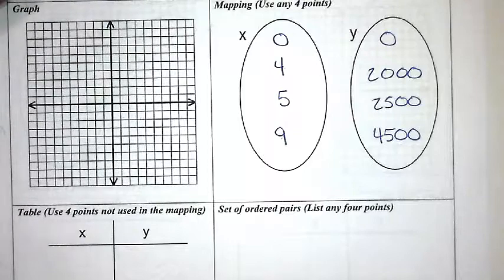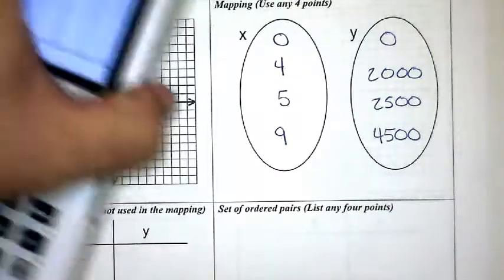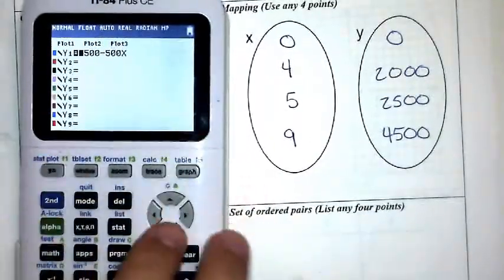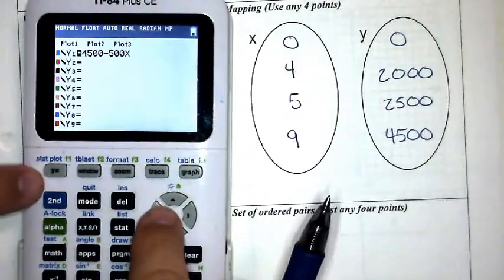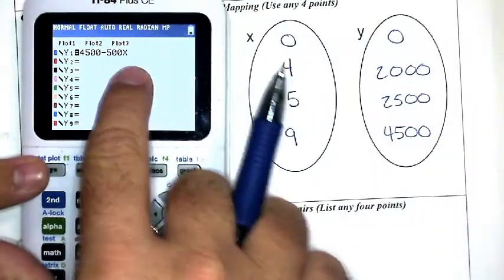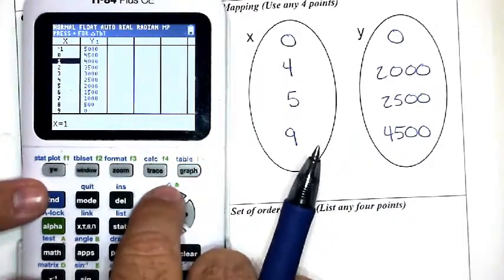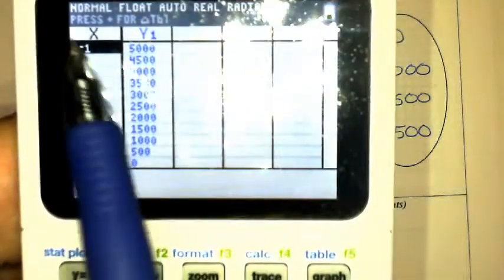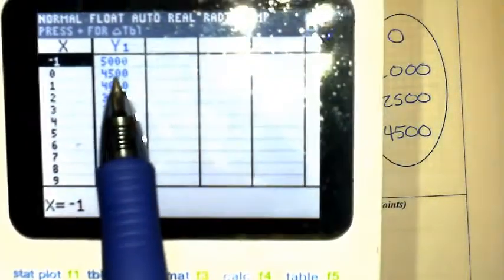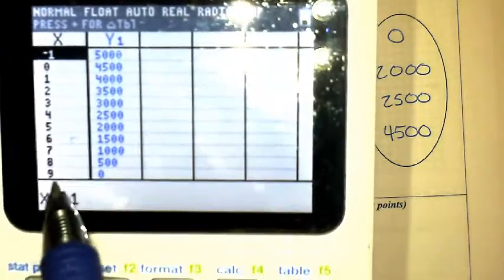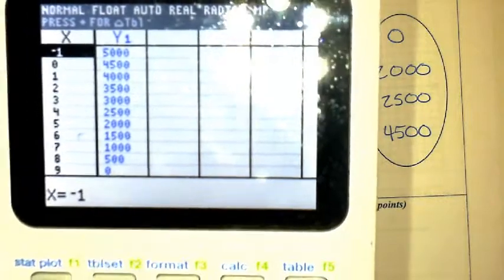I didn't have to do much math. I just went to y equals, plugged it into the calculator, hit second graph to get a table, and then there you go. Do you see how at -1 it says 5,000? That's not possible because we're talking about a pool. So I only worry about 0 all the way through. Hey, look, 9, 0. So I didn't even have to do all the solving. I could have just plugged it into the calculator and it tells me. Oh, man. What a missed opportunity that was.